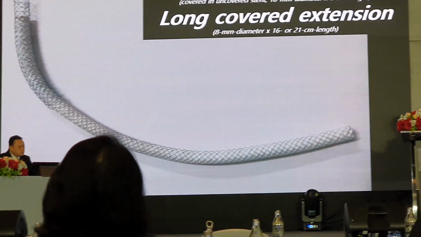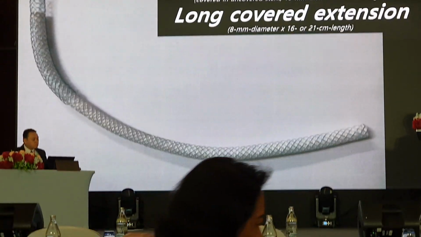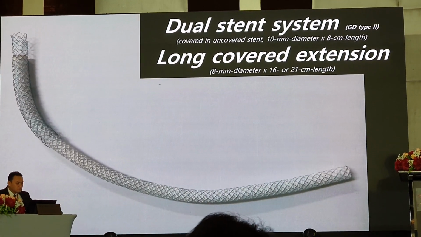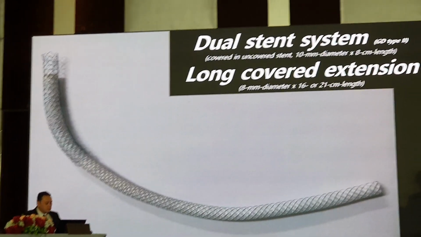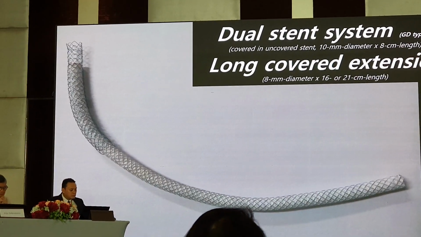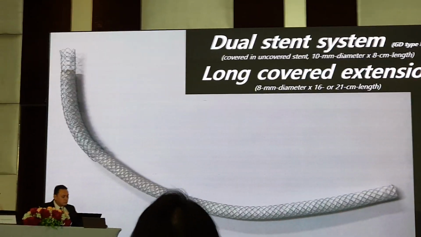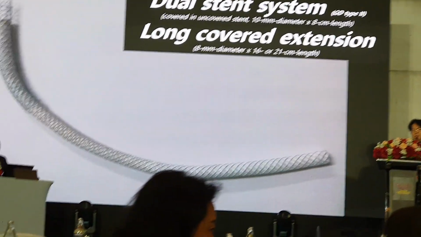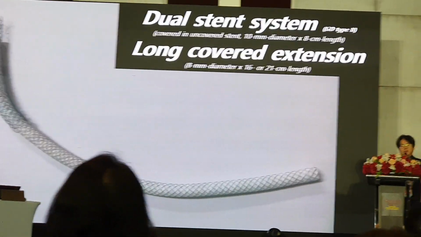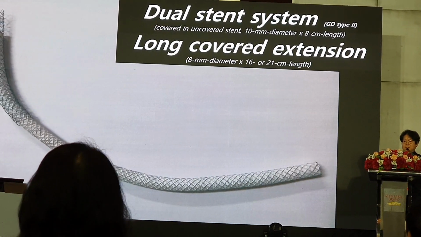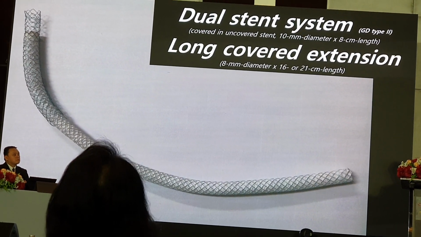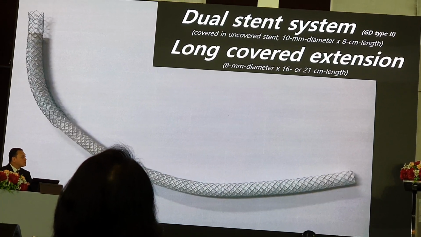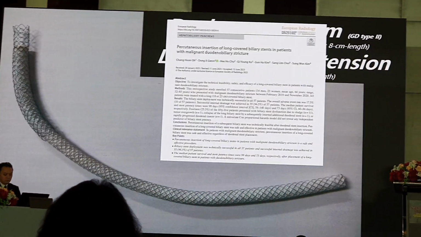So we developed a long biliary stent like this. This is not available in the world, but in some countries you can use this kind of stent. This is the ePTFE covered biliary stent. We especially use it in patients with combined duodenal and biliary obstruction.